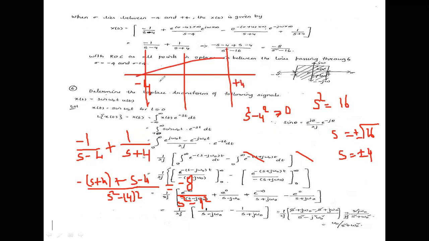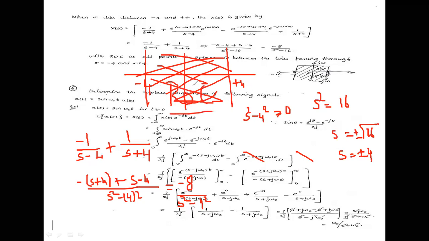The overlapping: above minus 4 means up to infinity, below plus 4 means up to minus infinity. The overlapping occurs in between minus 4 and 4 only. So the ROC is in the range of minus 4 to plus 4.